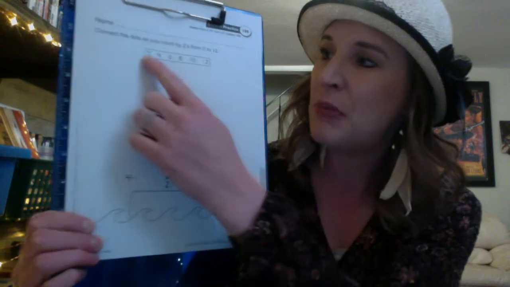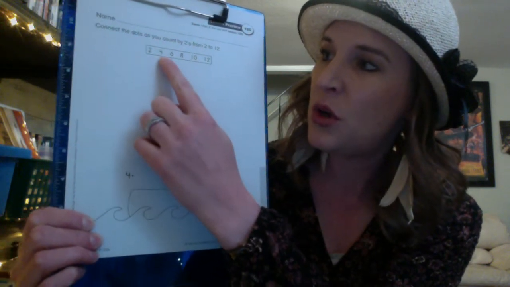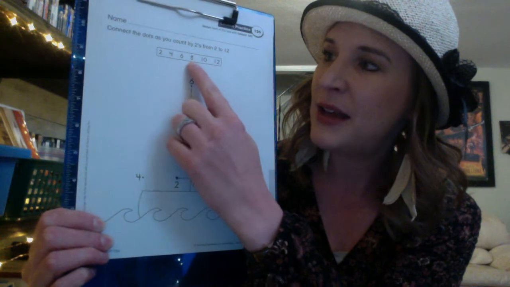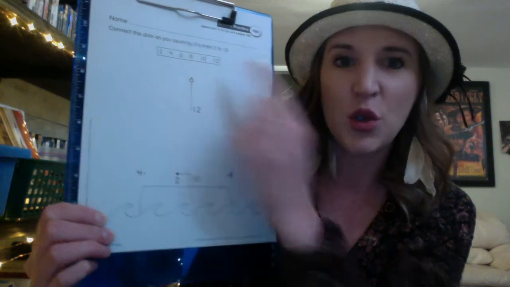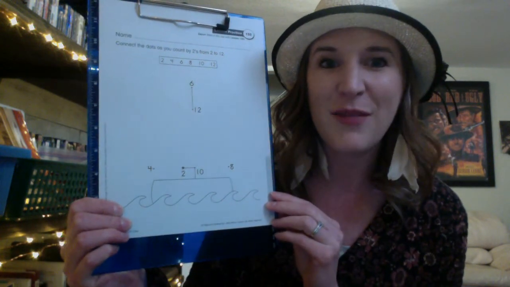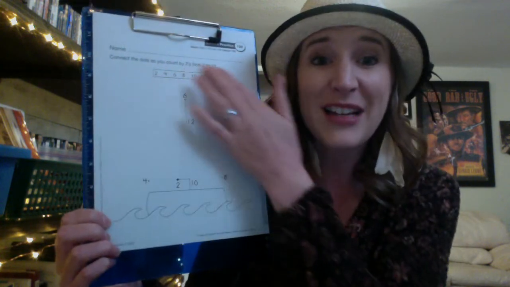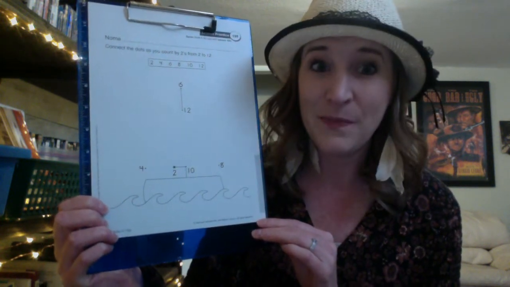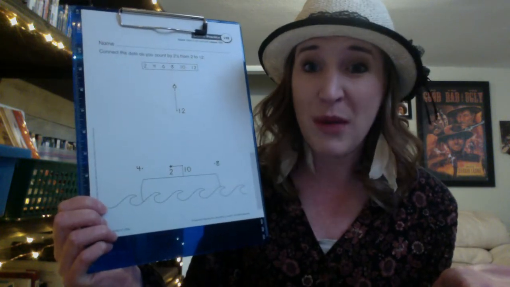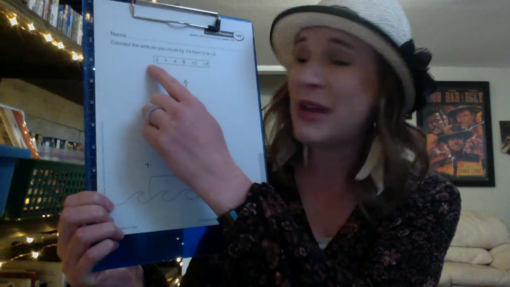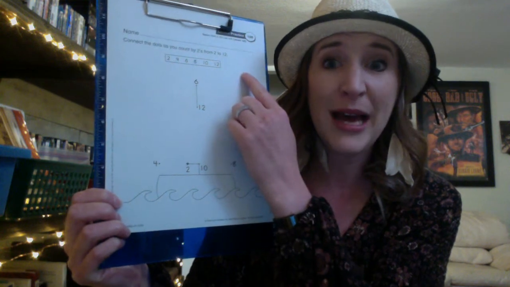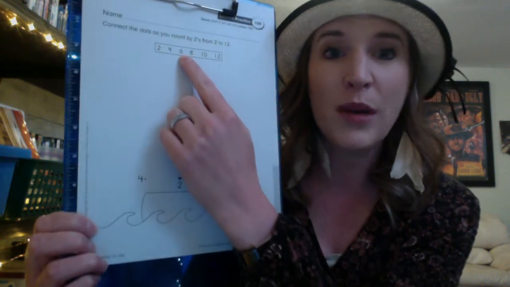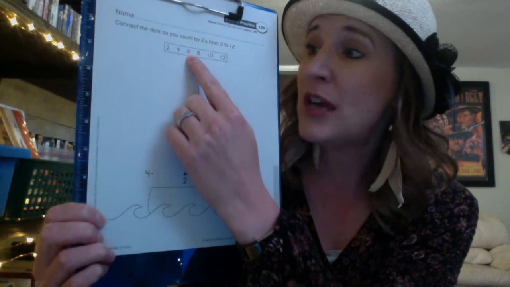The front side, we are going to practice counting by twos. They put our counting by twos numbers in order up here. Look at this. 2, 4, 6, 8, 10, 12. So there are counting by twos numbers. When you connect the dots today, you will be counting by twos. If you get stuck and you don't remember what comes next, remember we can use this as a resource to help us.